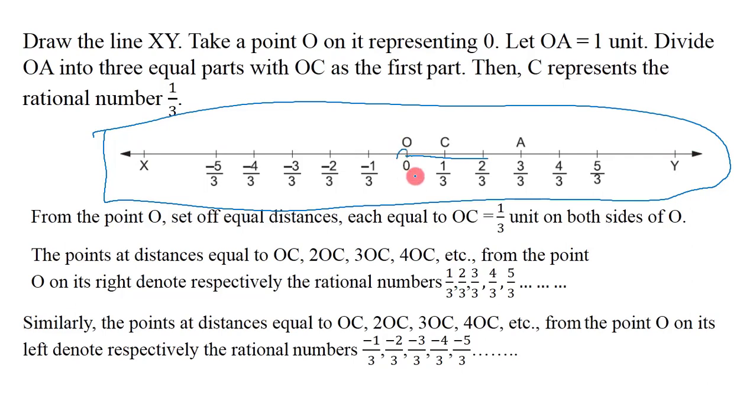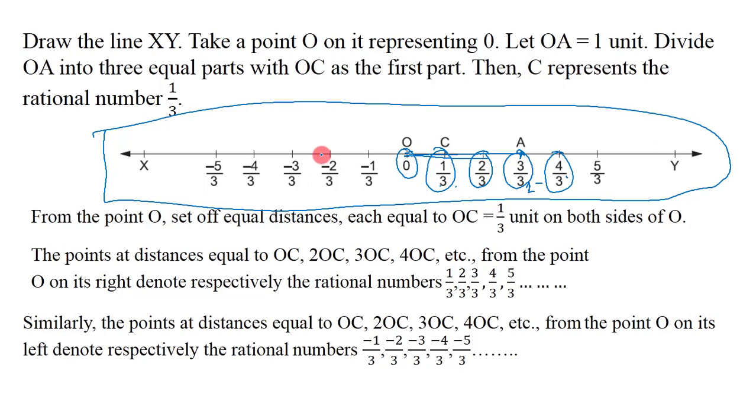I took a point O and considered it as 0, and I took a unit length OA, and this OA I have divided into 3 equal parts. The first part represents 1 by 3, the second part represents 2 by 3, the third part represents 3 by 3 which is 1, and the fourth part represents 4 by 3.